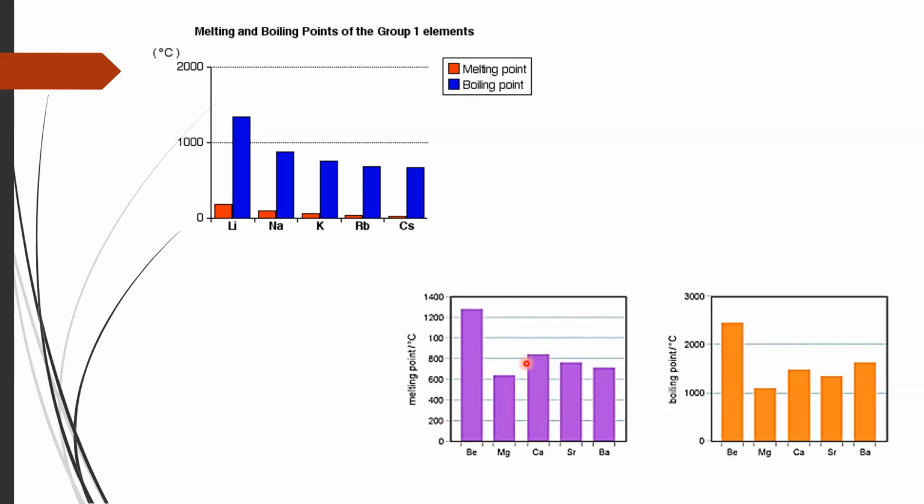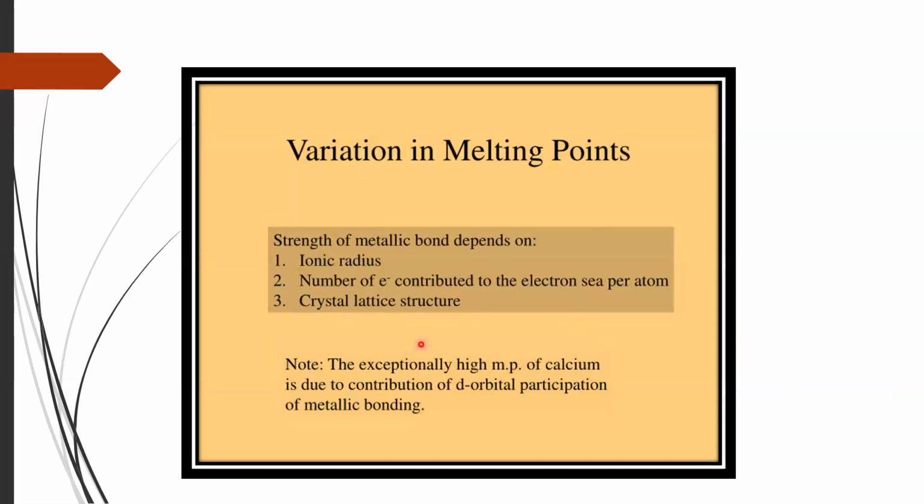The melting point depends upon the crystal lattice. Let's check on what basis the melting and boiling points show variation. Variation in melting points is due to the strength of metallic bonds.